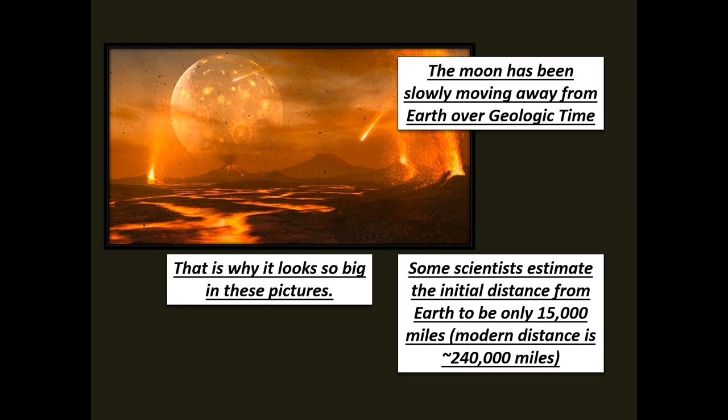Okay, and the reason that it gets a little bit further away every year is because of tidal friction that slows down its orbit. The friction that it feels from constantly having to move the tides, move the ocean water, and a little bit of the rocky material of the planet, is enough to slow down and suck up some of its gravitational energy. So you can almost think of it as losing its grip every day on Earth, and so it slips further and further away. Okay.